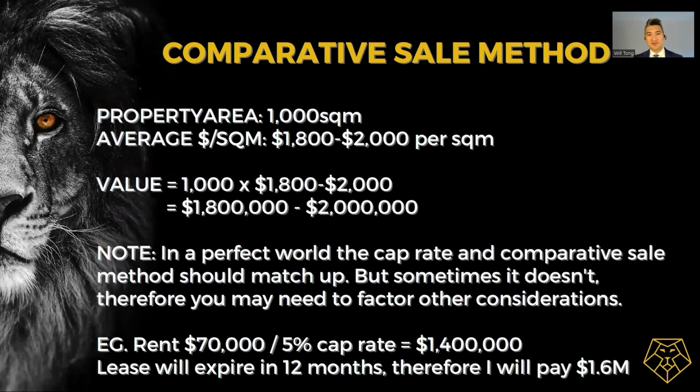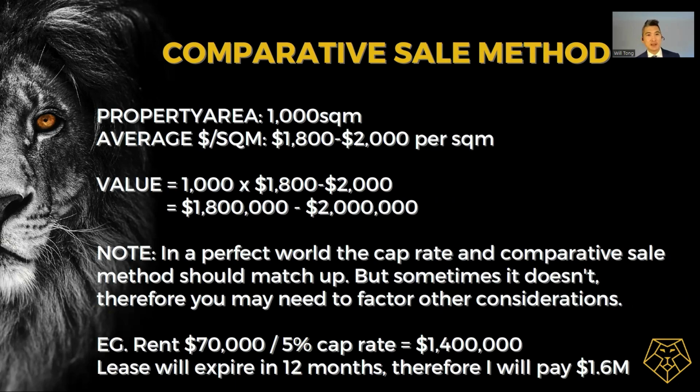The second method of determining value is the comparative sale method. This is basically comparing the average price per square meter achieved in the market to your property.